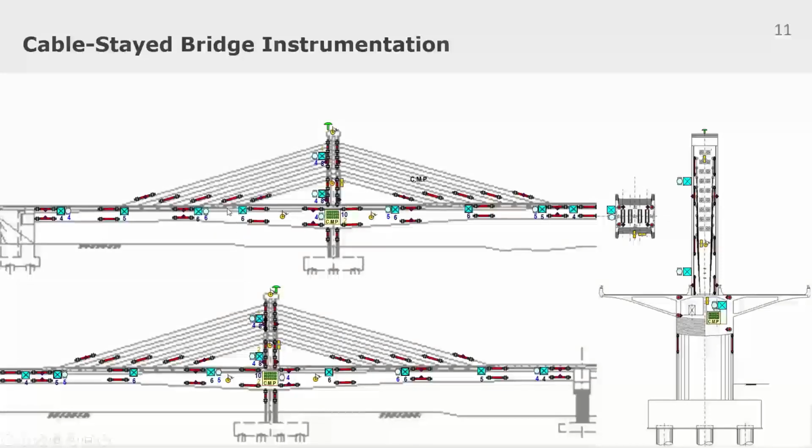In the deck cable anchoring zone that you can see here, only one cell of parallel sensors in each span is installed, while the other two cells here and here are installed close to the cable anchoring zone in order to detect relaxation or pre-stress losses in the cables.